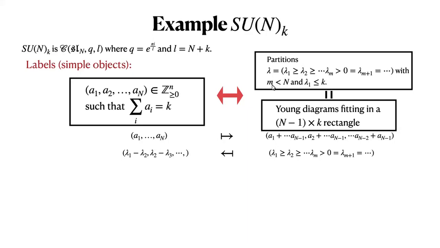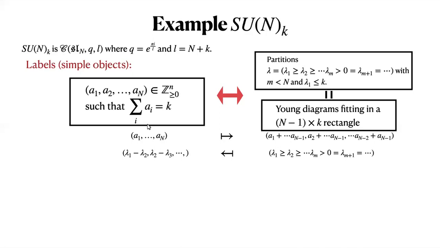So I need that this m should be less than n, and also I need that the first number has to be less than or equal to k. So you can also put this information in a Young diagram, and these conditions mean that your Young diagram fits in an n-1 by k rectangle.